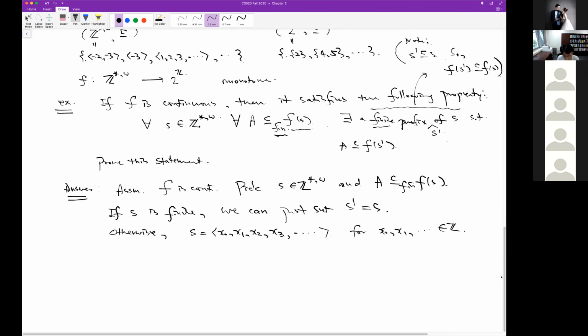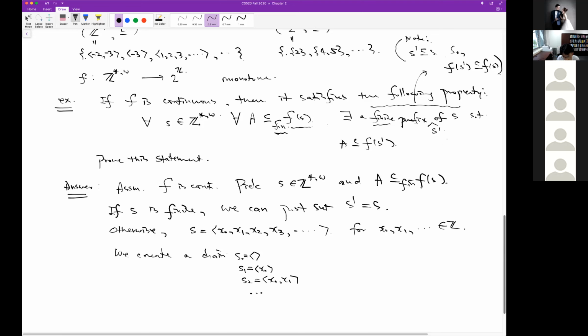In that case, we create a chain in Σ*. The chain looks like this: it's initially empty, that is S0. S1 contains x0. S2 contains x0 and x1, and so on.